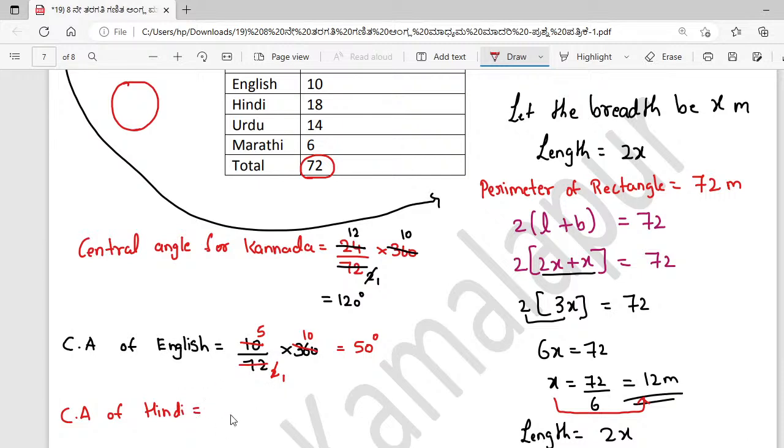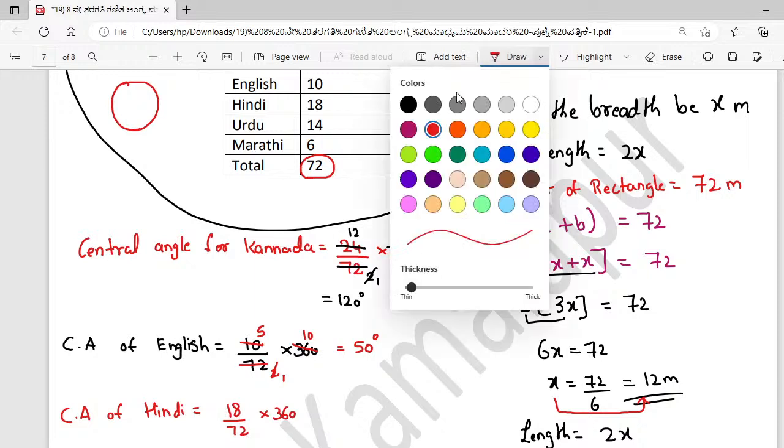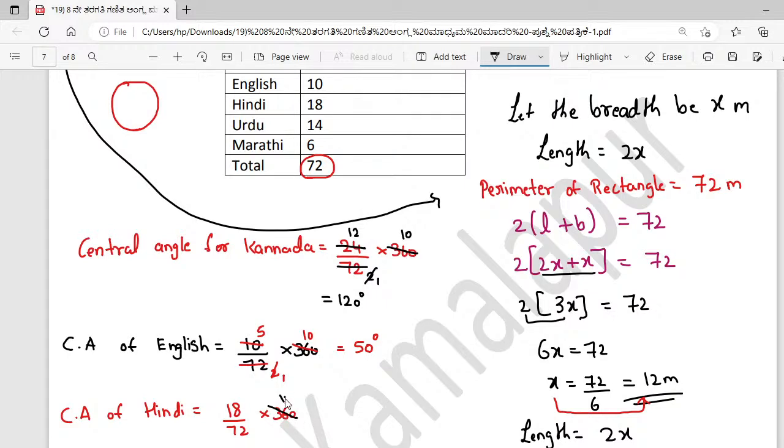Same thing, that is 18 divided by total 72 into 360. Okay, the same calculation we shall involve in this central angle of Hindi as well. That is 36 tens, 36 twos, 2 ones, 2 nines. So 9 tens will give us 90 degrees.